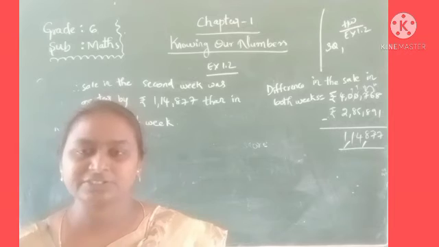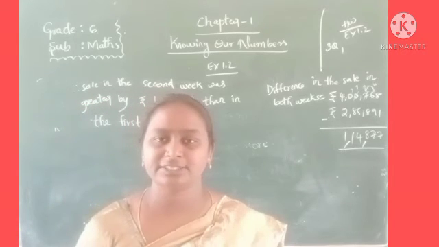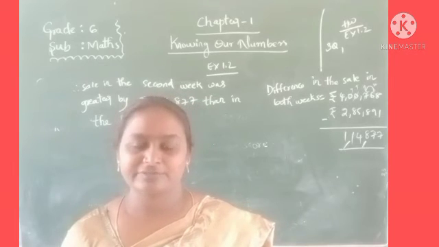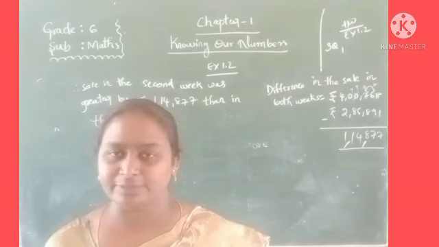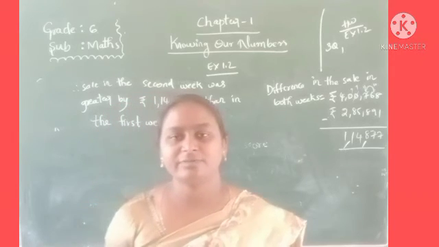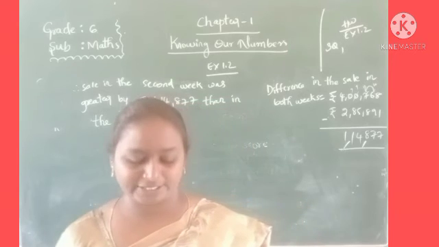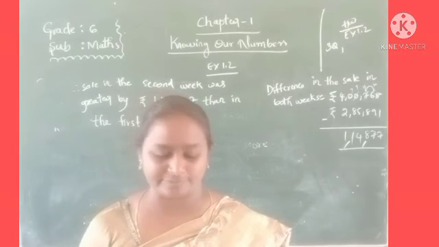So those digits you should use only one time. Using those digits you form first the greatest number, after that the smallest 5-digit number. Next find the difference between the greatest 5-digit number and the smallest 5-digit number.